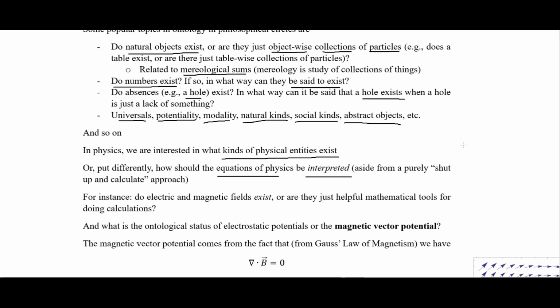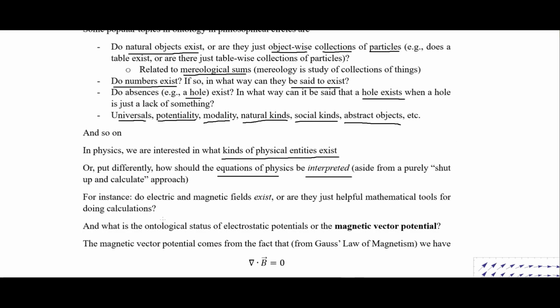But there's nothing in Einstein's field equations that demands you make that interpretation. So are we committed to the idea that there's a fabric of space-time? And if so, what kind of thing is this fabric of space-time?